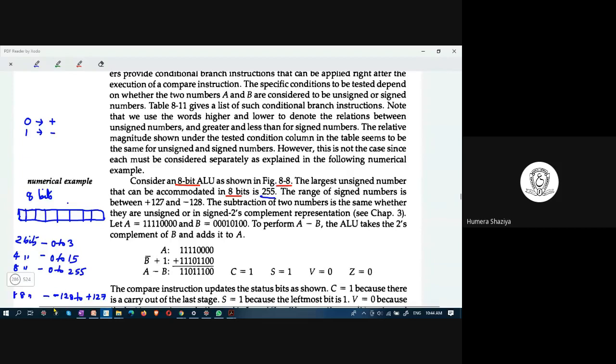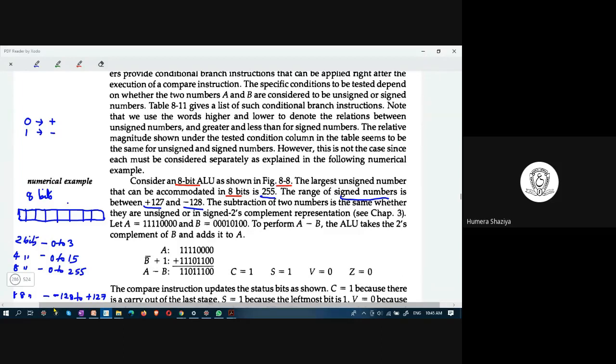The range of signed numbers is minus 128 to plus 127.